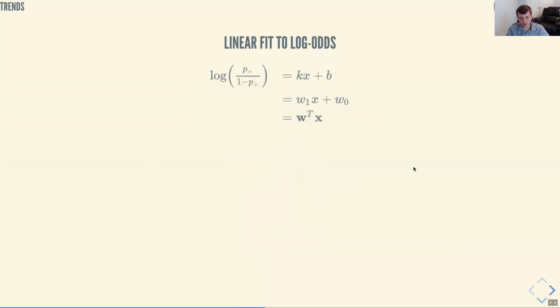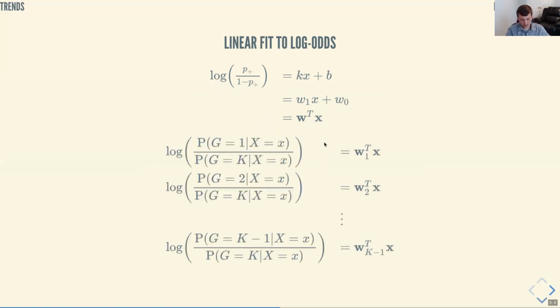So once we have log odds, we can fit those log odds by a linear function. We say, okay, our log odds go from negative values through 0 to positive values. They are nicely centered around 0, and we can model the log odds with linear decision boundary, or linear estimation.